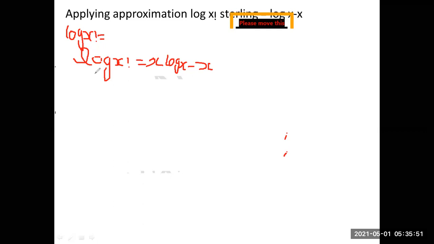So by using this Stirling approximation, we have to expand the factorial terms here. We need to expand them as x log x minus x.